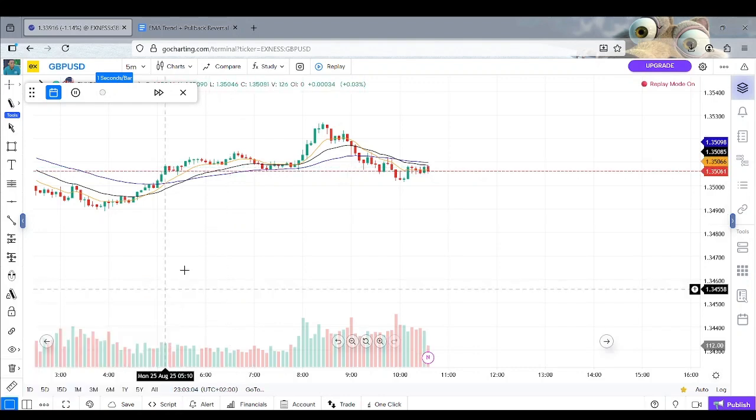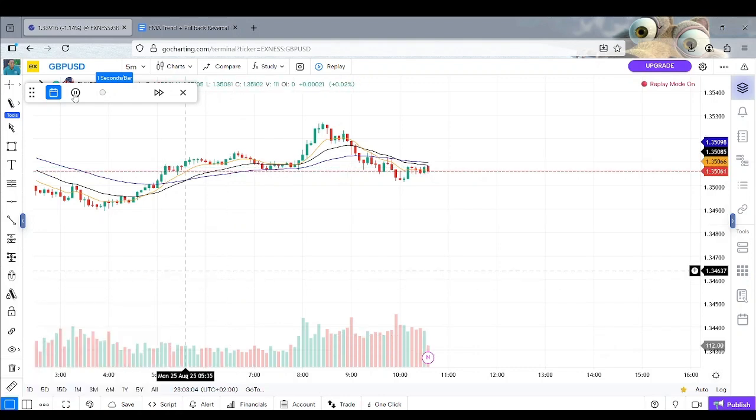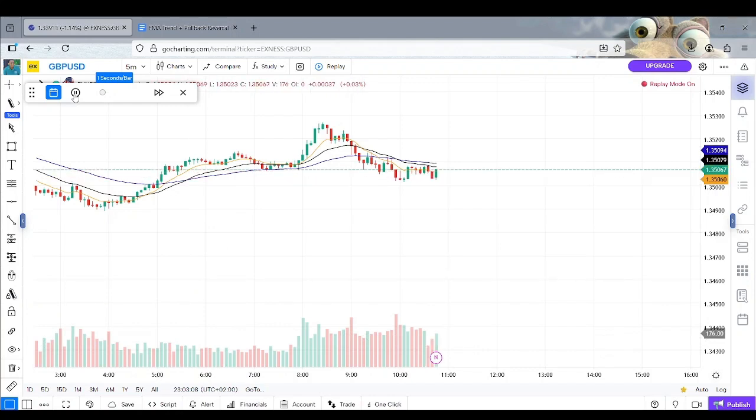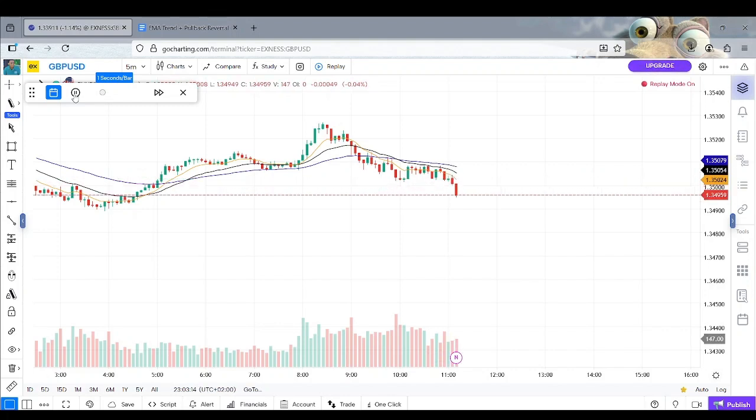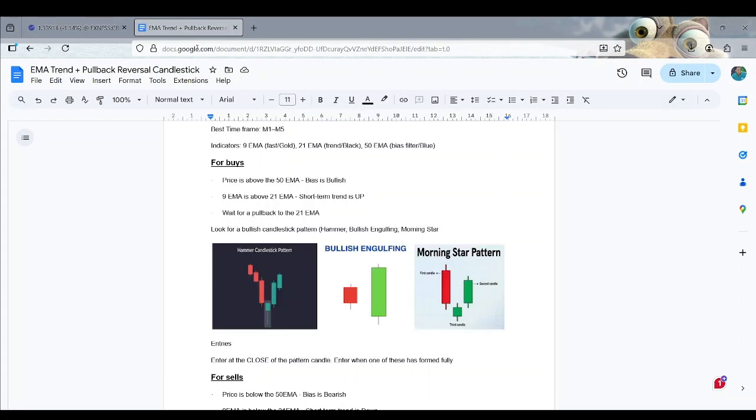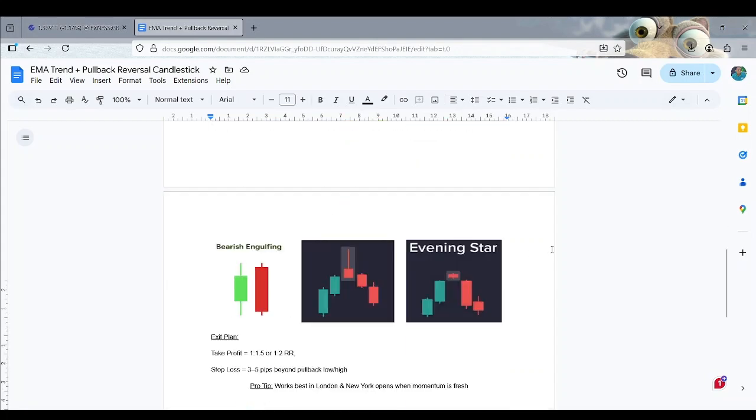Remember, looking for any of those three patterns. Keep going. Let's close. Okay, hold. Now, it's not much of an engulfing, but let me see, this looks familiar. We are bearish.